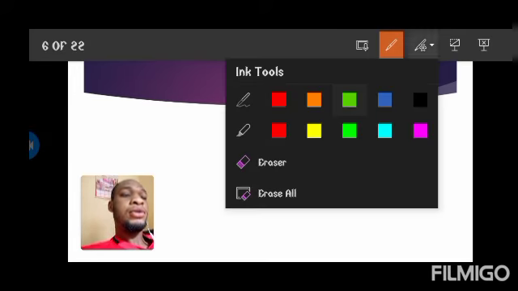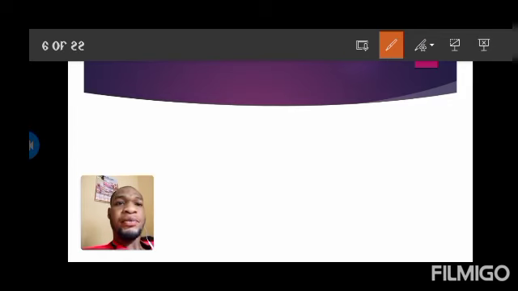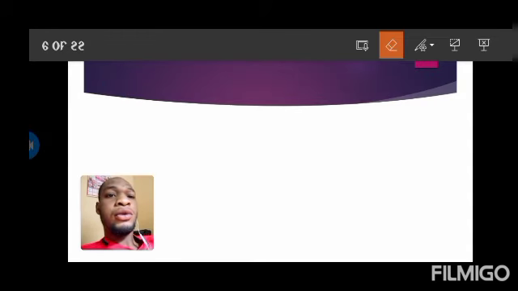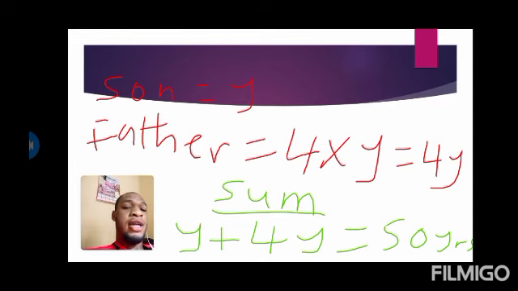Let's continue. When you look at the previous work, y plus 4y, you get it now.